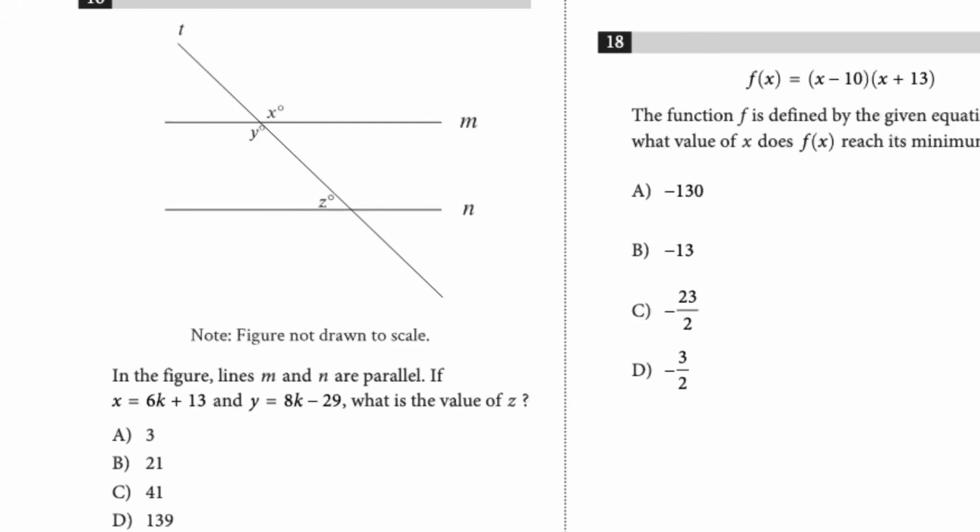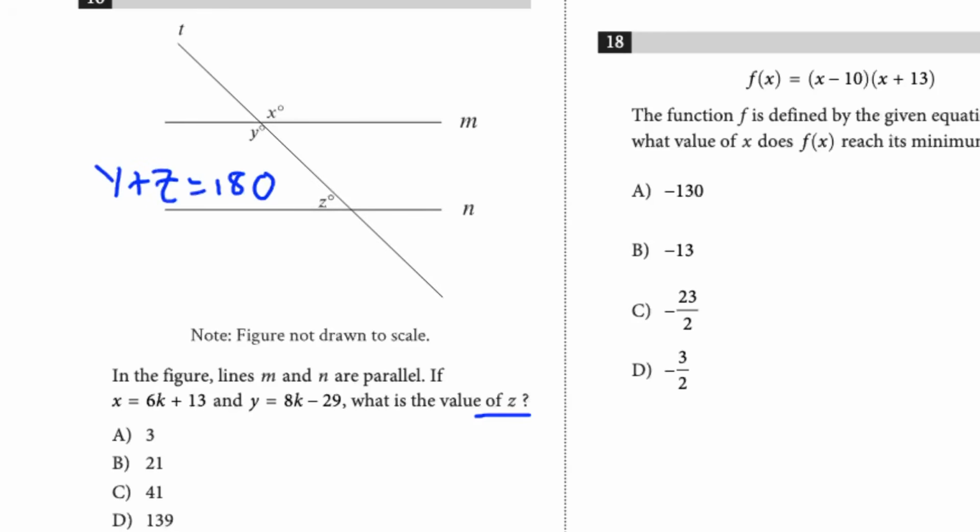The question's asking for z, okay? So you have to find y and then get z. But how do we get z? Well, the other thing you need to know is that these two angles that are on the same little strip, one spot away from each other, are going to be supplementary. So that means they're going to add up to 180. So basically, y plus z will equal 180.